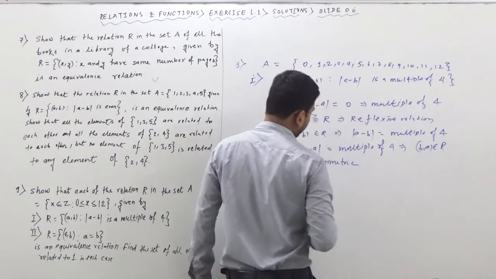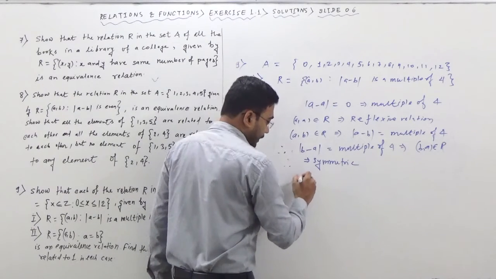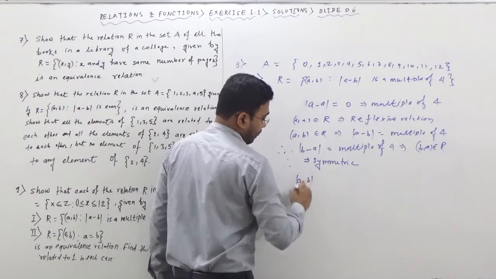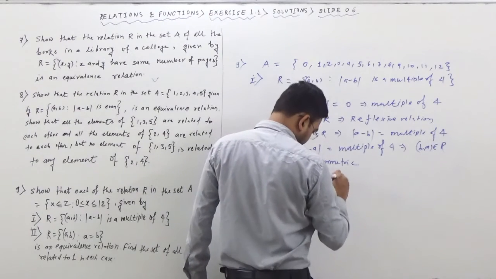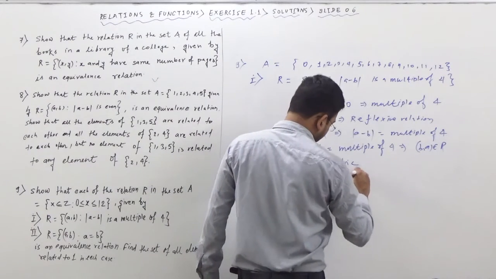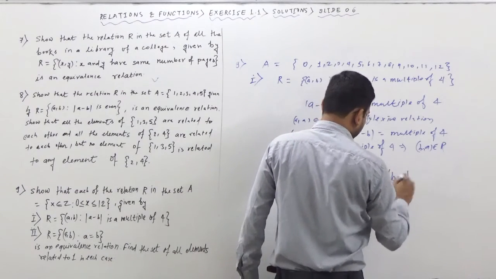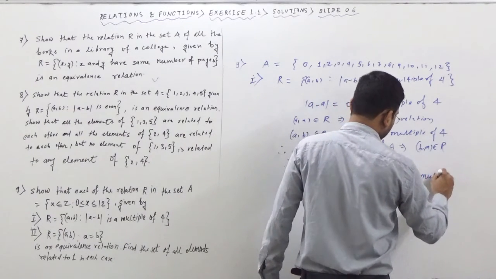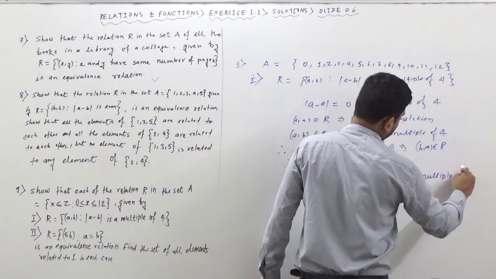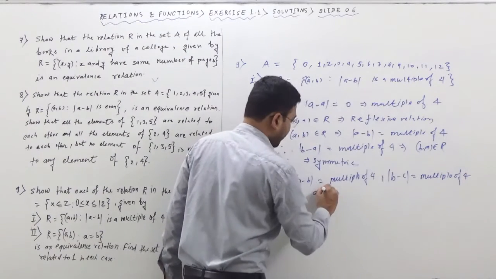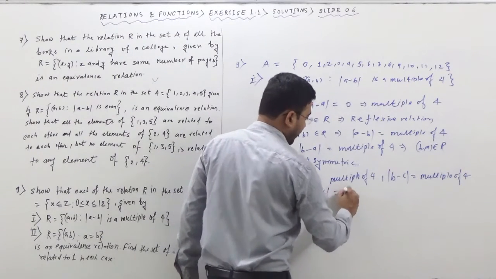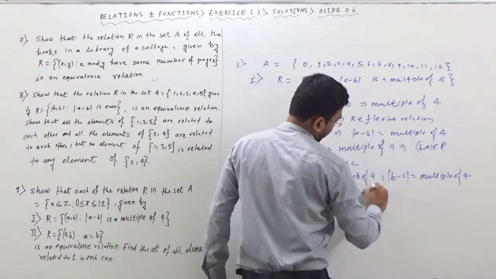Now we'll check it for transitive relation. For transitive relation, if A minus B is a multiple of 4, and B minus C is again a multiple of 4, then can we say A minus C is also going to be a multiple of 4? You can check it.